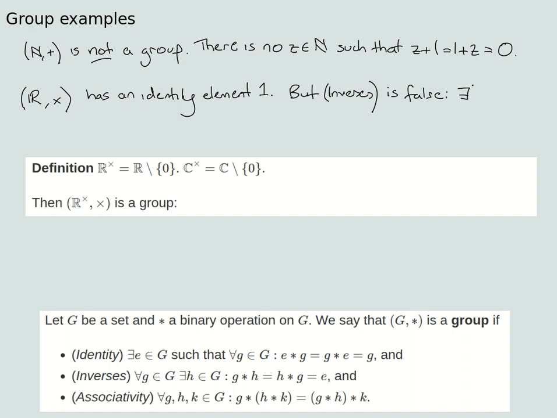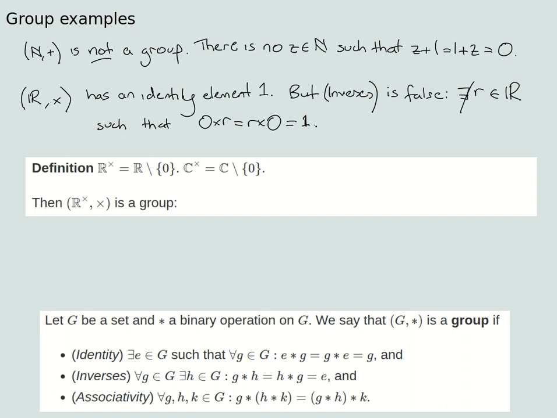There is no number r, so lowercase r, such that 0 times r and r times 0 are equal to the identity, which, as we saw, had to be 1.